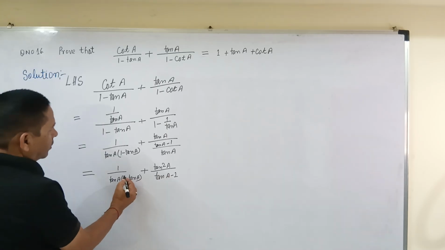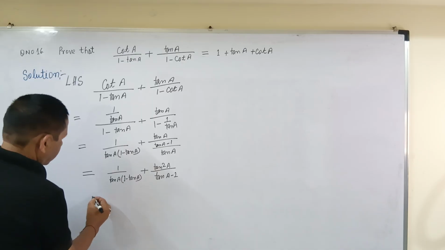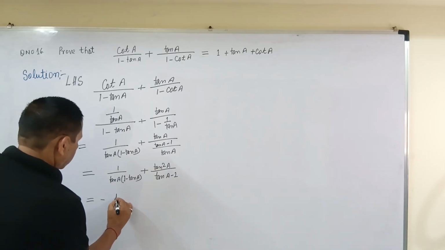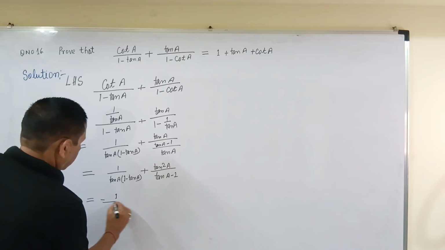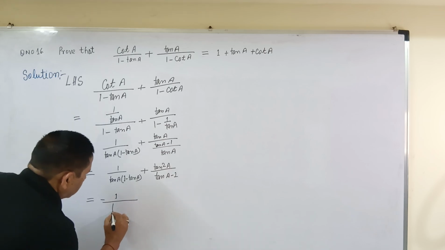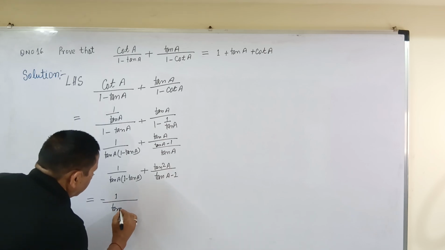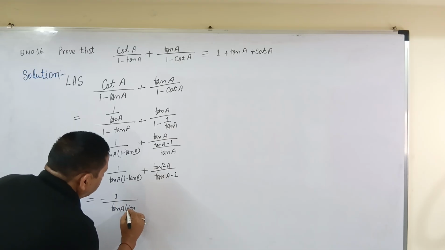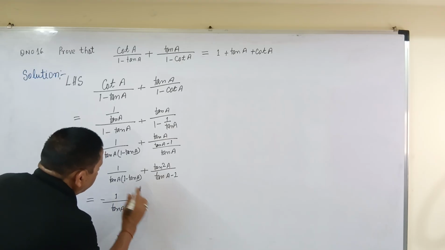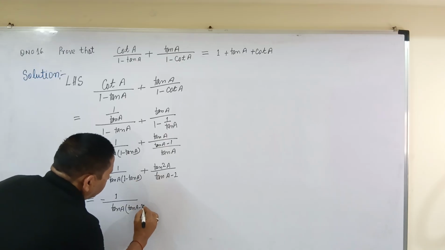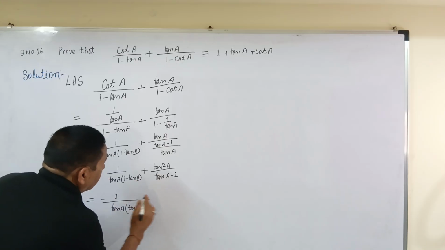Now we can write it as minus 1 upon tan A into tan A minus 1, because now this tan A will become plus and 1 will become minus since I have changed the sign.